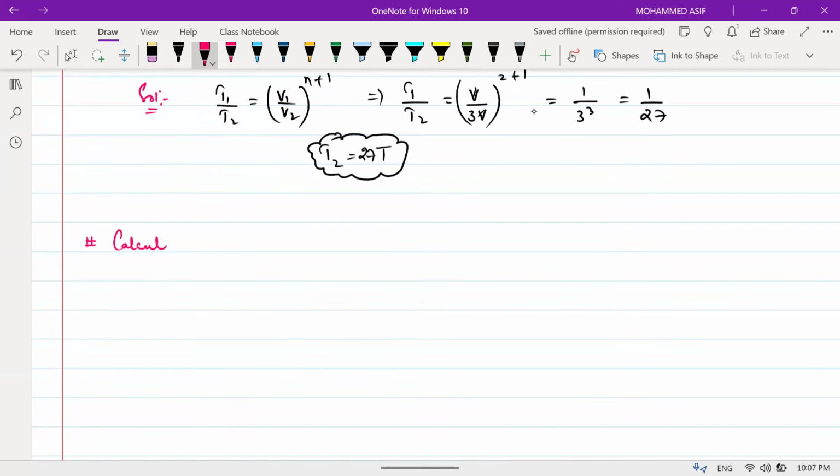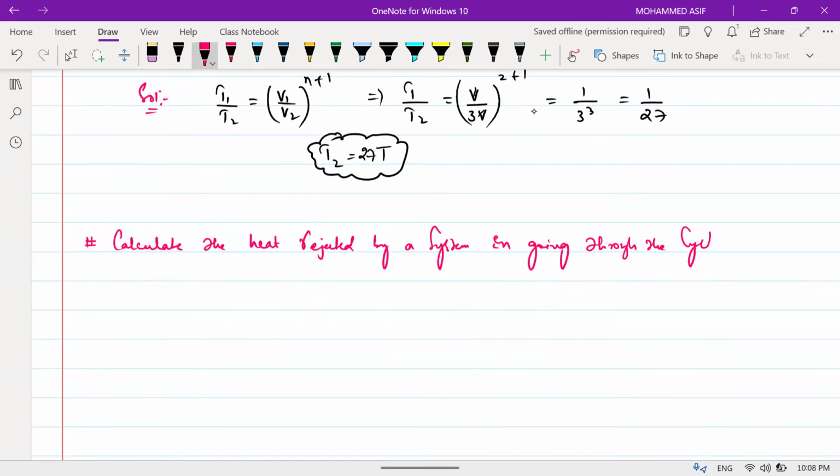The question is: calculate the heat rejected by a system going through the cyclic process as shown in the figure.